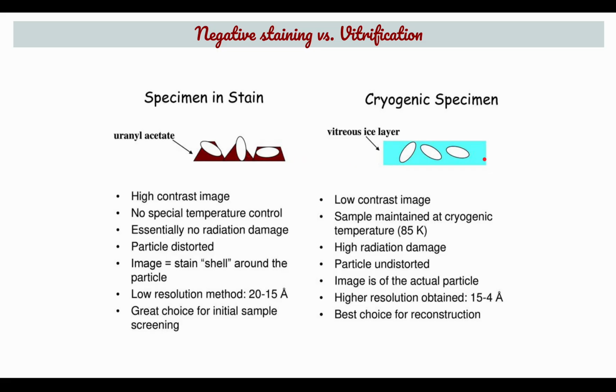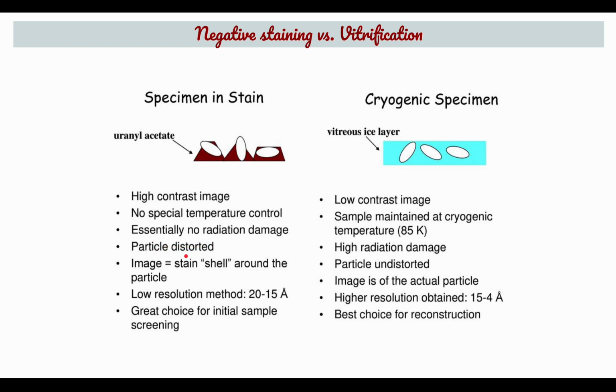Whereas in vitrification, the contrast is low. In negative staining, no special temperature control is required, whereas in vitrification, we need to maintain cryogenic temperatures because we are doing quick or fast freezing. In negative staining, no radiation damage happens, whereas in vitrification, there is a possibility of high radiation damage.